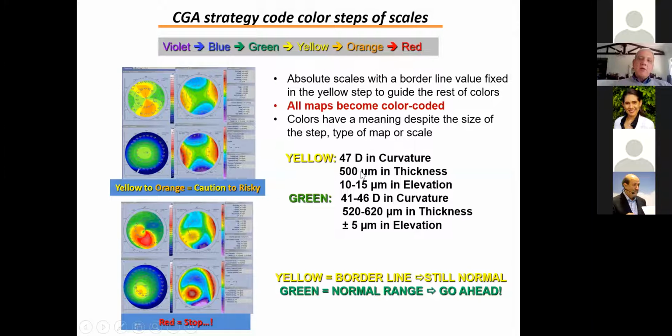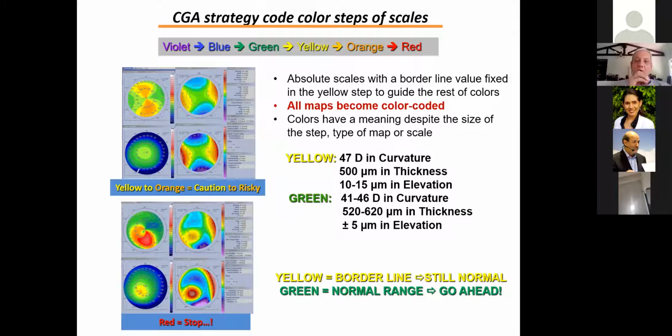In thickness, we put the yellow step at 500. In elevation it will be between 10 and 15. And for the posterior surface it will be minus 6.75. With this, in the Galilei, everything that is green will be normal range.